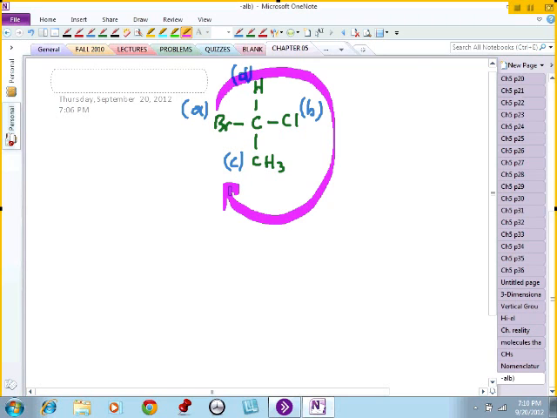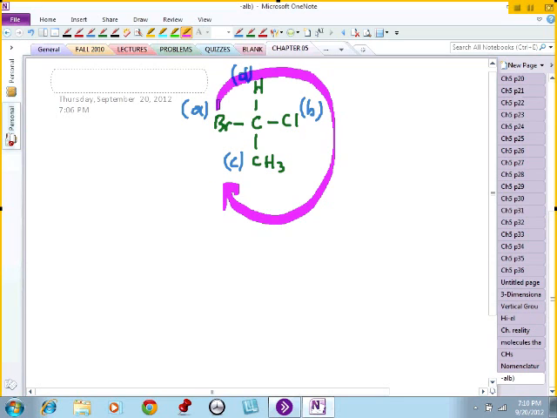That convention was established by IUPAC.